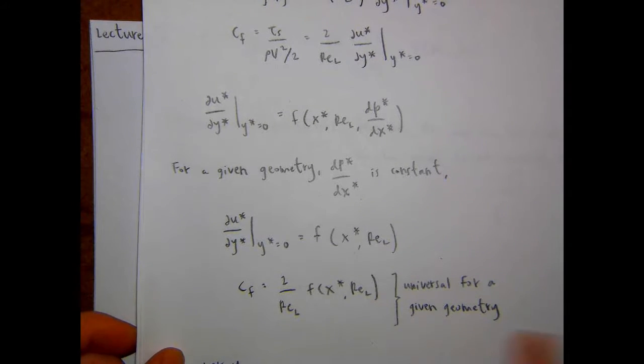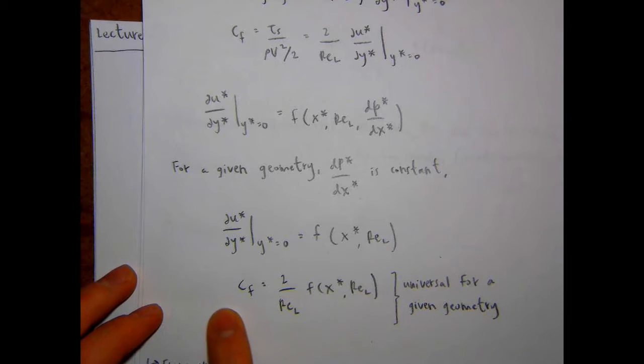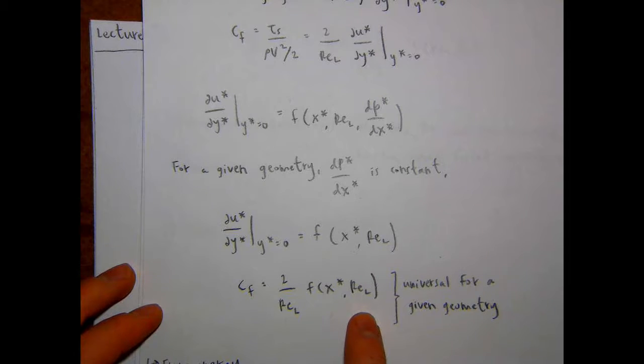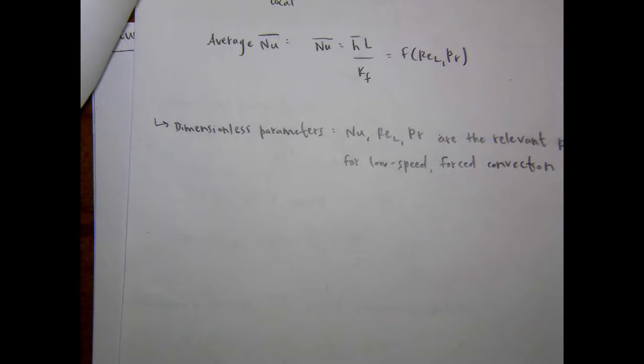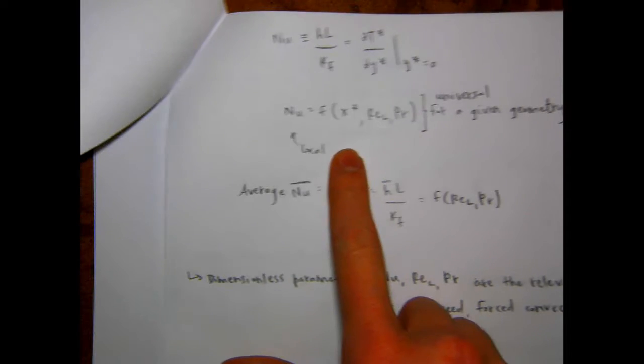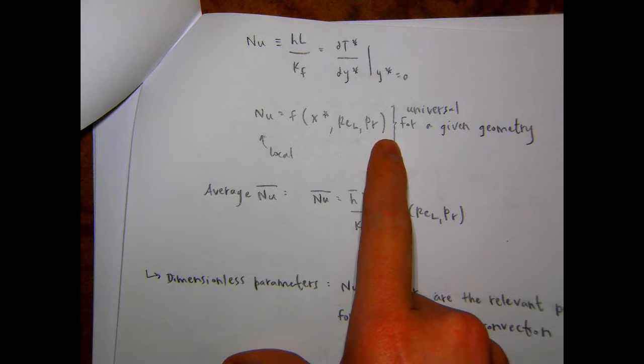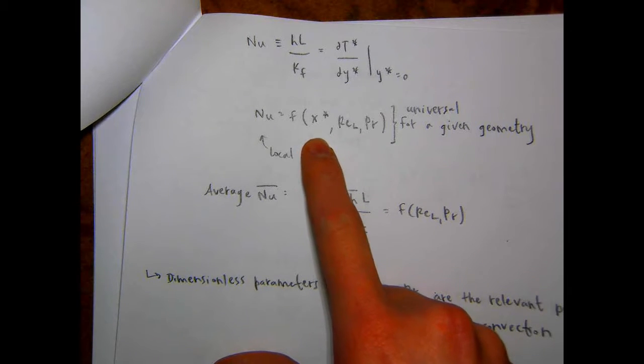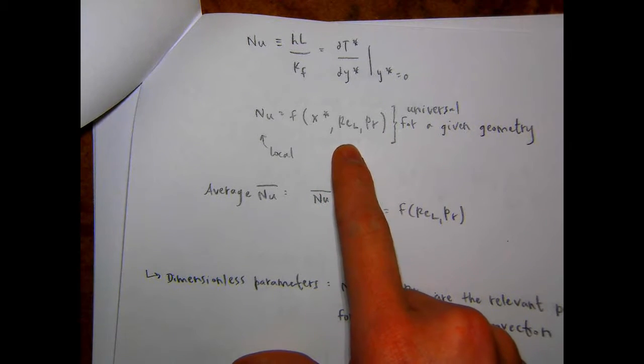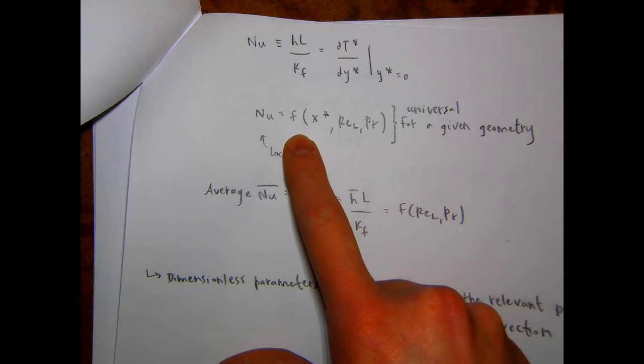Using those two parameters, we can calculate things like the friction coefficient. Right here we wrote down how the friction coefficient was a function of these dimensionless parameters, and then the Nusselt number as well. It's some function of these dimensionless parameters, and for given geometries, we will figure out what this function is equal to.